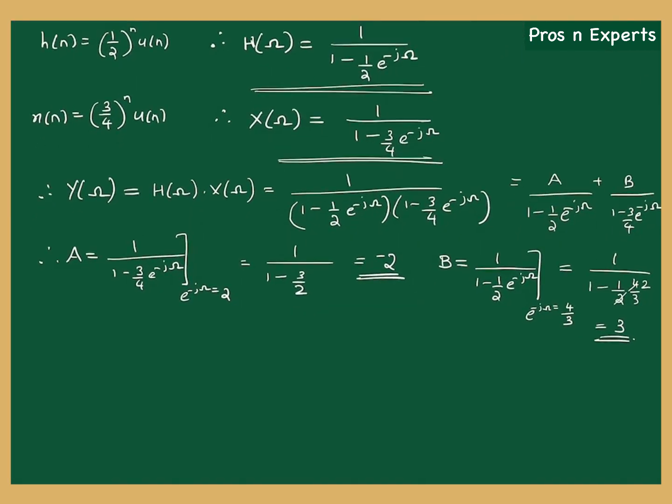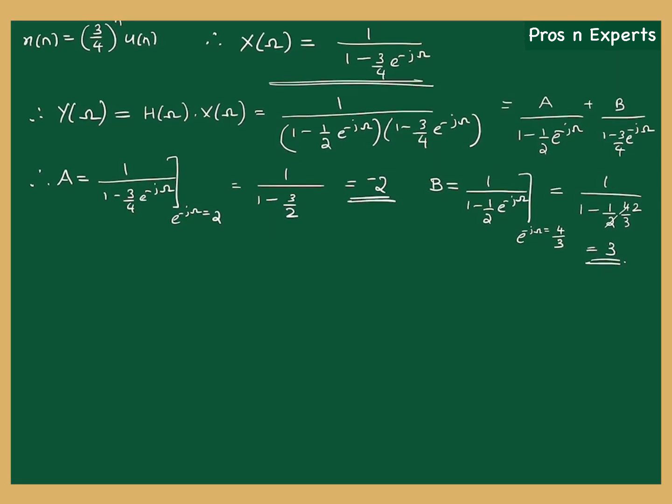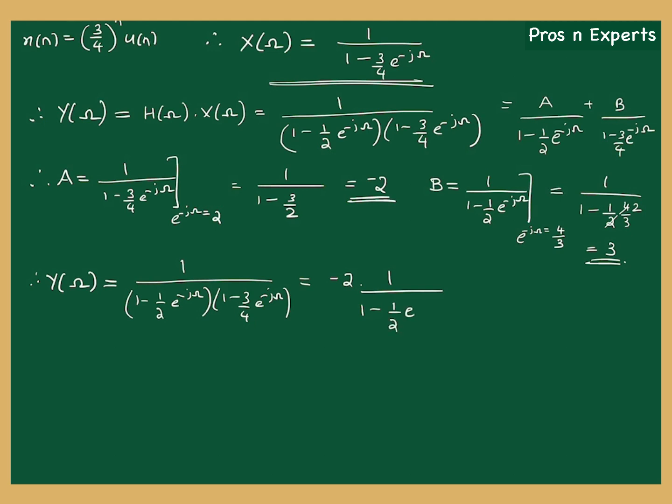Now I can make use of these results and rewrite our original transform function as Y of omega equal to 1 by 1 minus half e raised to minus j omega into 1 minus 3 by 4 e raised to minus j omega equal to A by 1 minus half e raised to minus j omega. For A, we have gotten minus 2, into 1 by 1 minus half e raised to minus j omega, plus B is 3 into 1 by 1 minus 3 by 4 e raised to minus j omega.